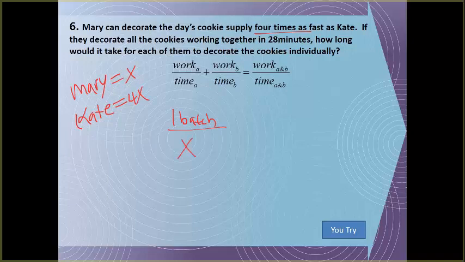So 1 over x, that's time, and it's minutes, plus 1 batch in 4x minutes equals 1 batch in 28 minutes.